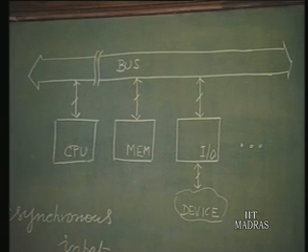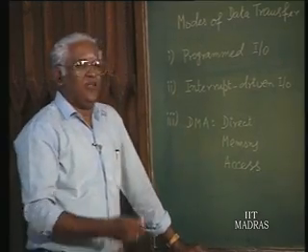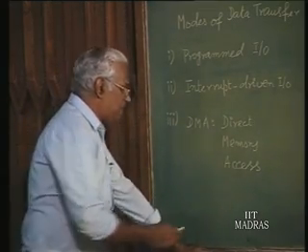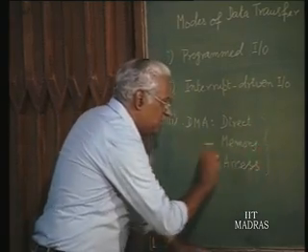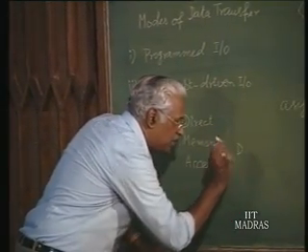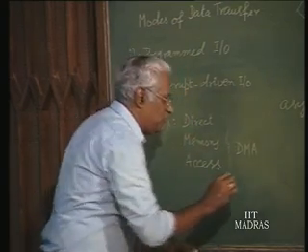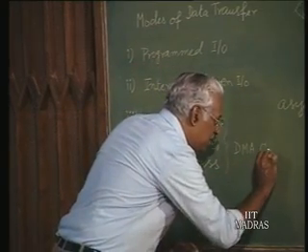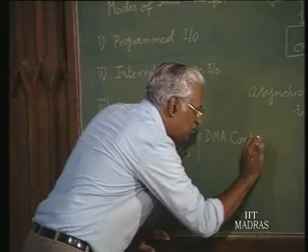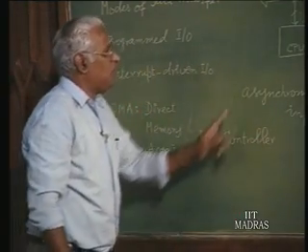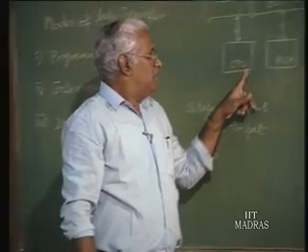Now, we said the CPU is not involved, then what else is, because there must be something which is master of the bus, right. So, for this purpose there is a specific chip, or we may say a circuit if you want, which is called a DMA controller. This DMA controller is going to take the place of the CPU, right.